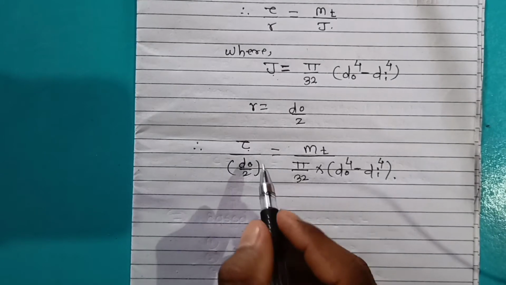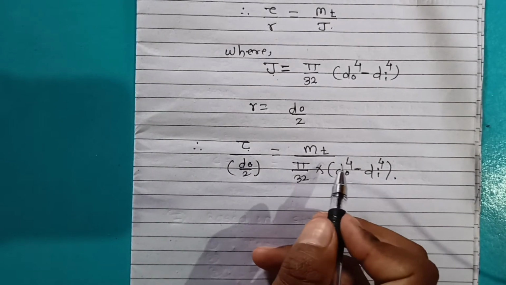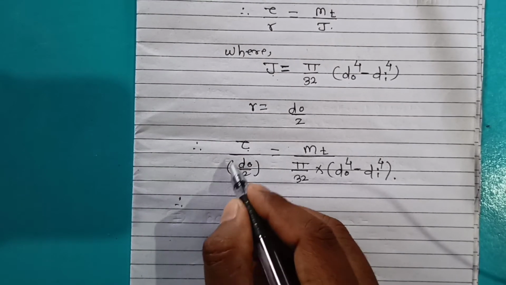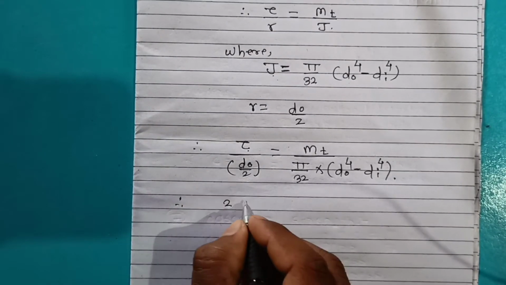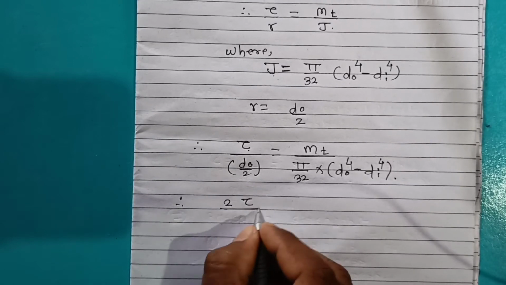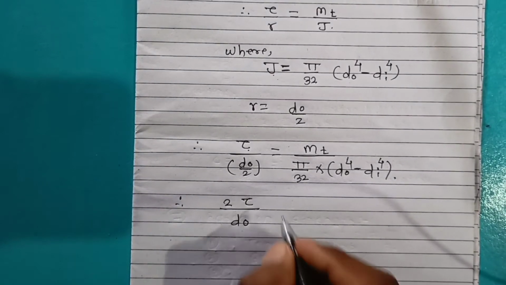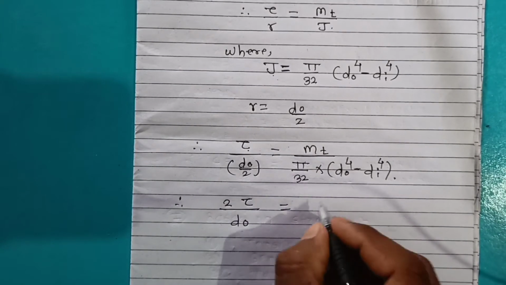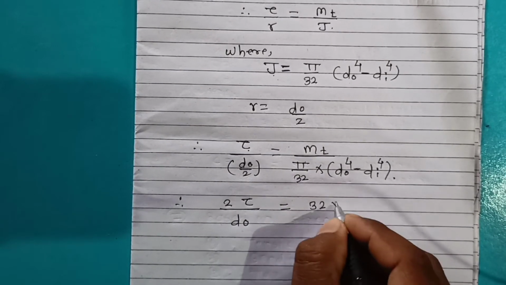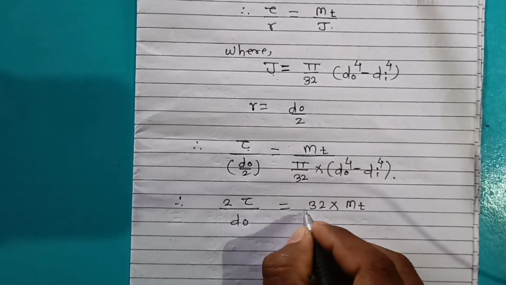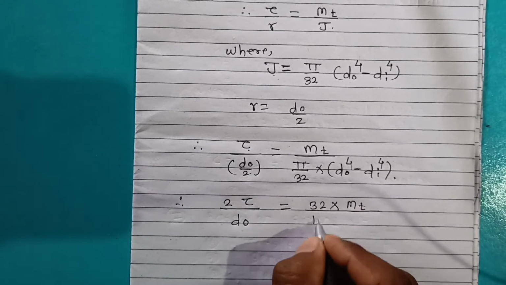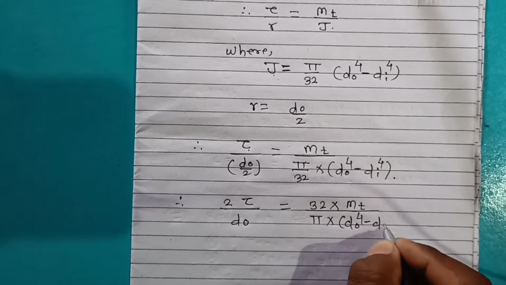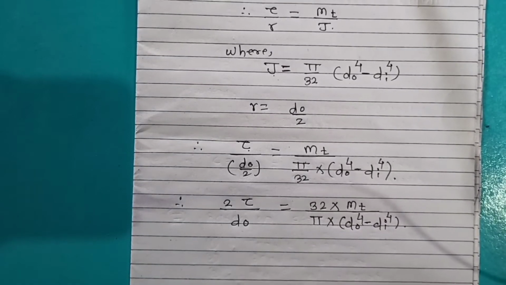Now for the torsional stress we want to calculate the value, so we rearrange the remaining terms. The denominator becomes the numerator, and the equation is 2 tau divided by do is equal to 32 into mt divided by pi into do raised to 4 minus di raised to 4.